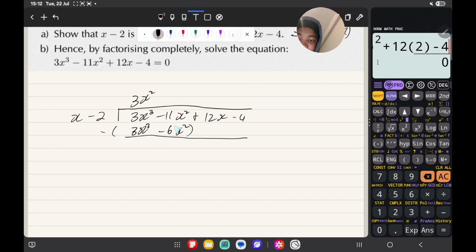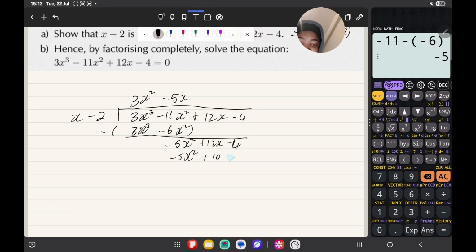This is 0, and right here you have minus 11 minus 6, then the answer is minus 5x squared. Bring down the rest, divide, you get minus 5x, multiply minus 5x squared plus 10. It's negative and negative positive, right?